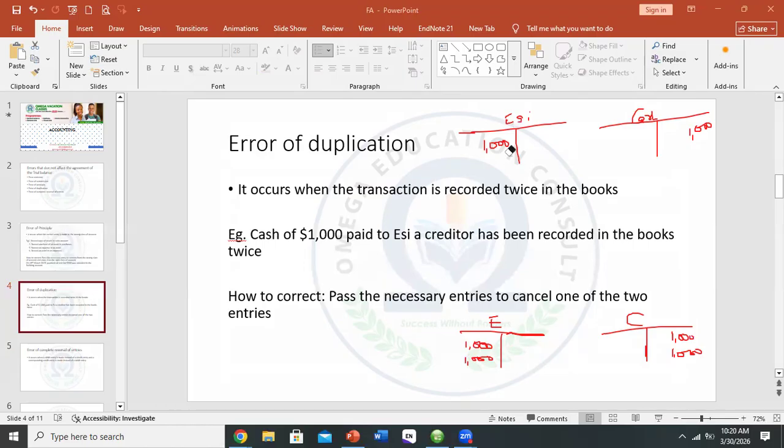Originally, it should have been 1,000, 1,000, but because of the duplication, it's now 2,000, 2,000. Now, if we pass the right entries to remove the duplication, you see, if you balance this account, you will come to a balance of 1,000, and this one a balance of what? 1,000, reflecting the correct thing that should have been done.